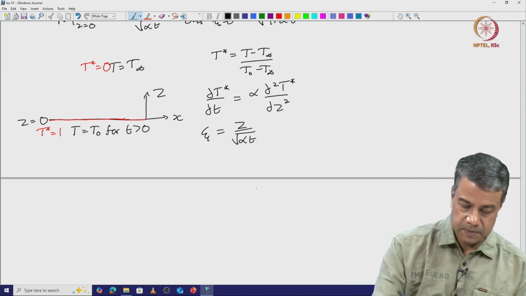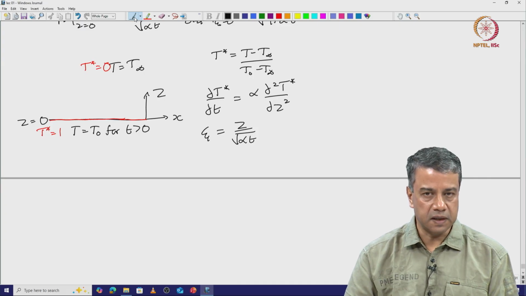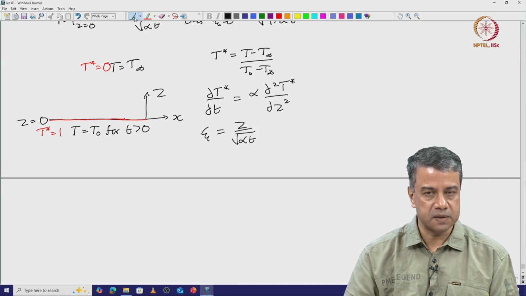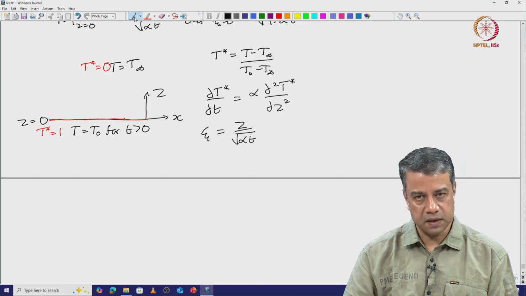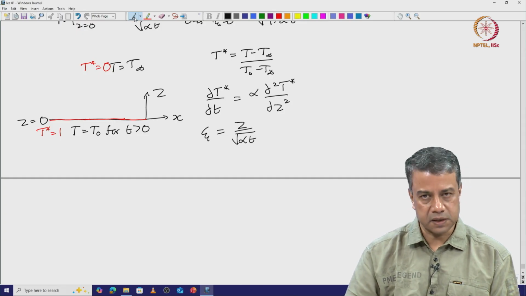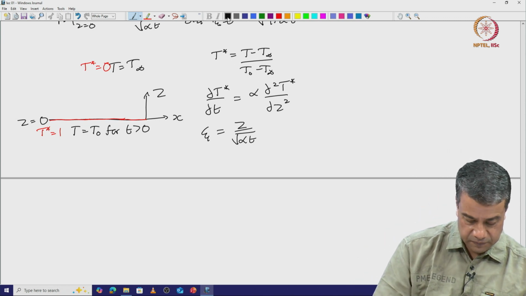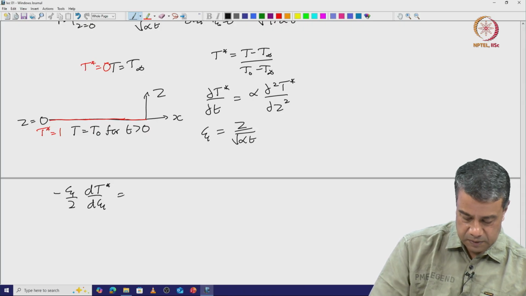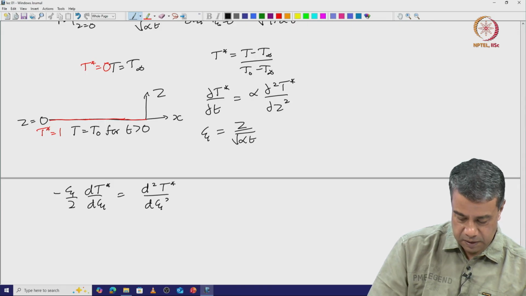Expressed in terms of the similarity variable, we had written the derivatives of T star with respect to time and with respect to z in terms of the derivatives with respect to psi using differentiation by chain rule. Based upon that we derived an equation for the temperature field: minus psi by 2 dT star by d psi is equal to d square T star by d psi square.